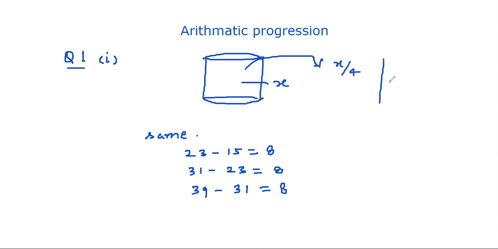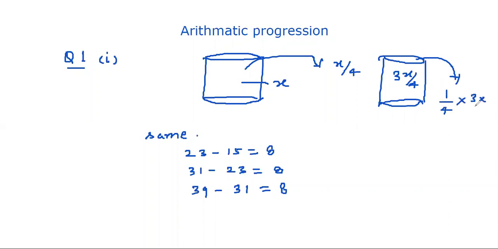Then the remaining air will be X minus X by 4, that is 3X by 4. Then next time 1/4 of 3X by 4 will be removed. So the removed portion will not be constant every time, so it will not be in an AP. Now let's take the next question.